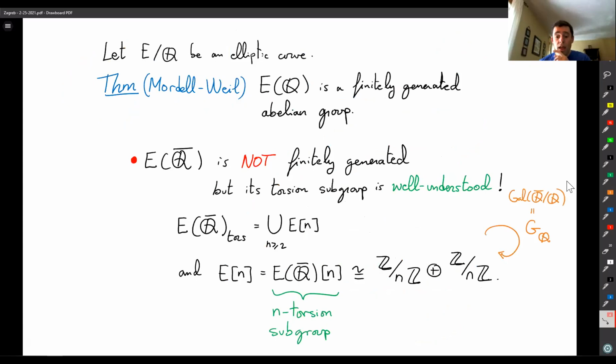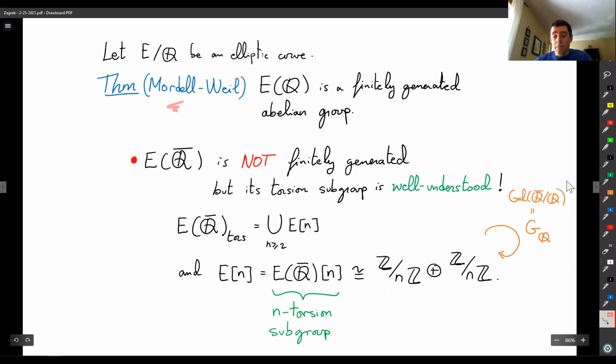First of all, if you have an elliptic curve, we have the Mordell-Weil theorem, which tells you that the points on the elliptic curve over Q, which is ultimately what we're interested in, understanding all the points and how to compute such points on elliptic curves, form a finitely generated abelian group. That's the Mordell-Weil theorem. In this setting, over Q, it's just Mordell's theorem, really.